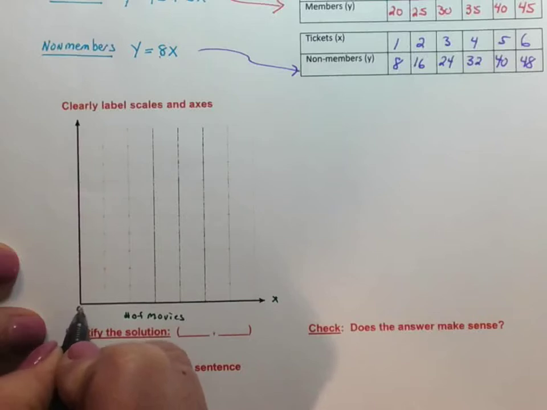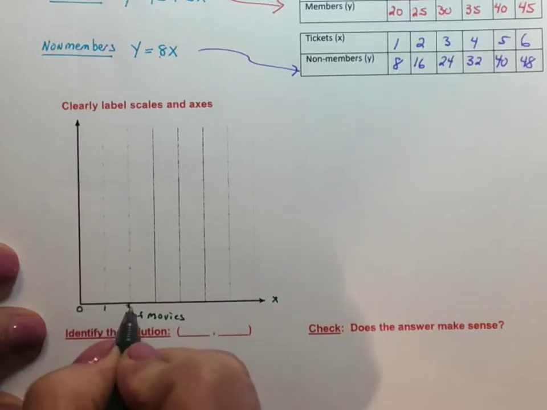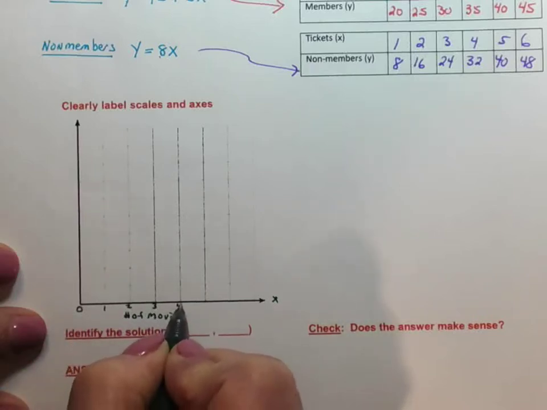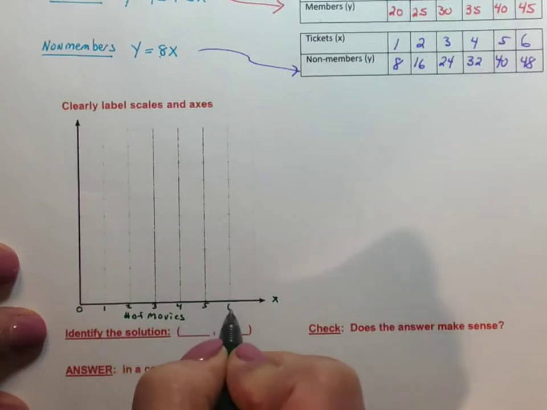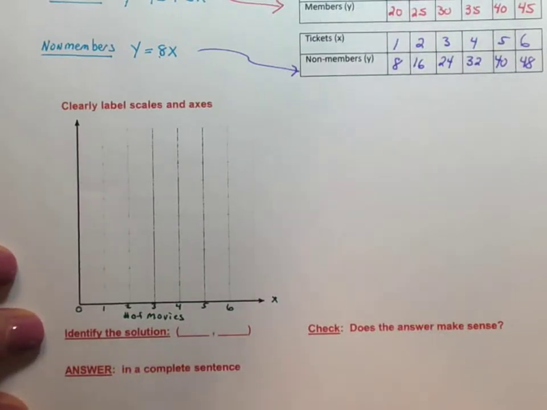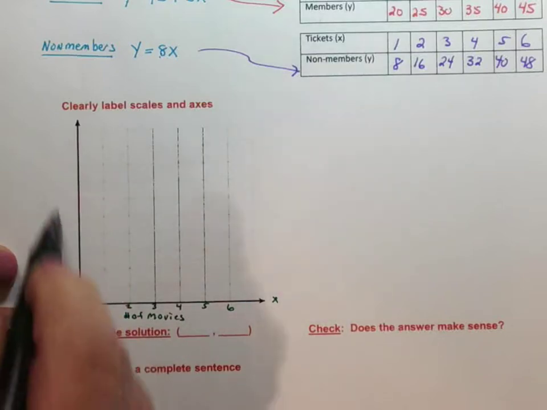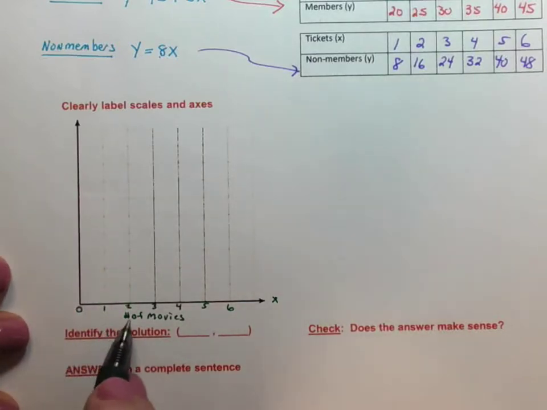And so here's 0, 1, 2, 3, 4, 5, 6. And these grid lines didn't come out very well. Okay, hopefully you can see them better on your handout.